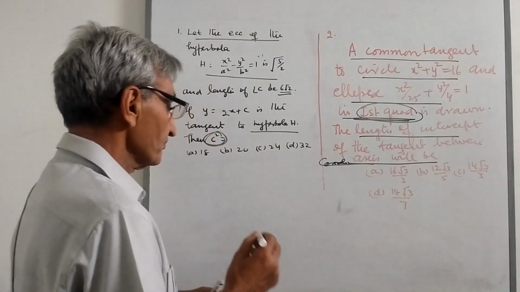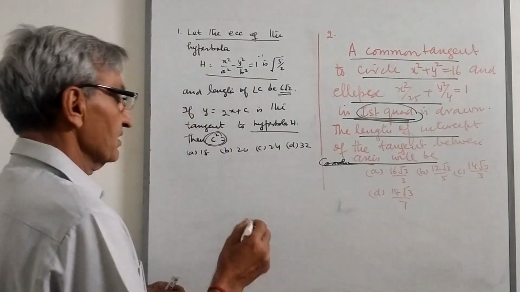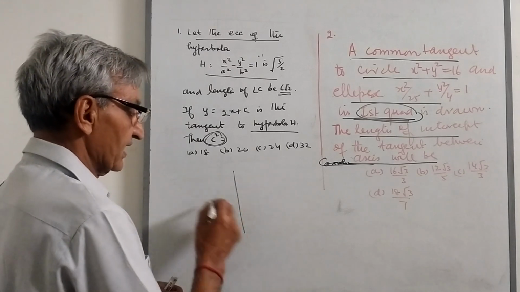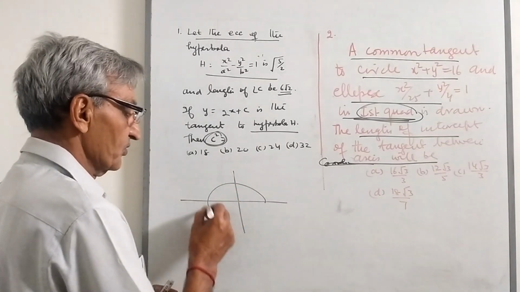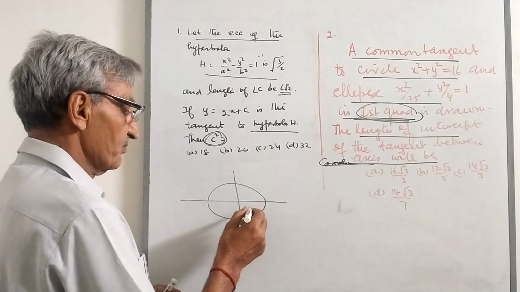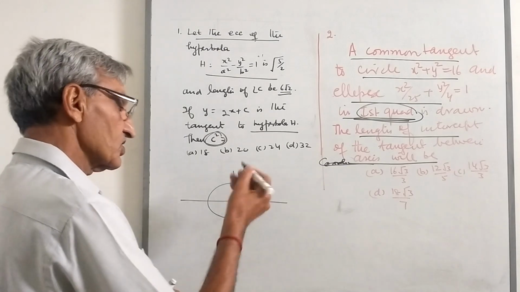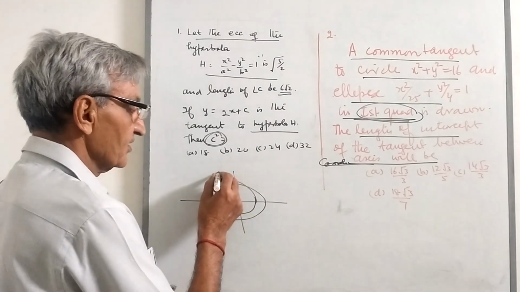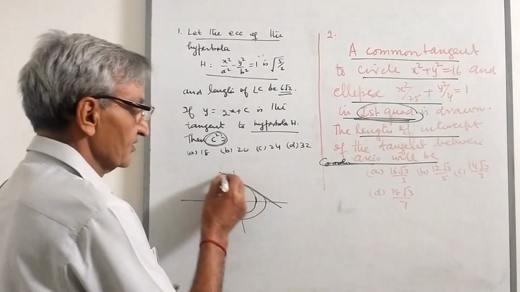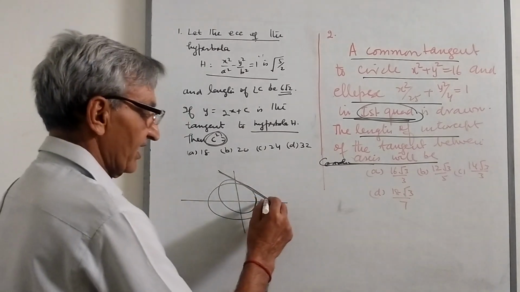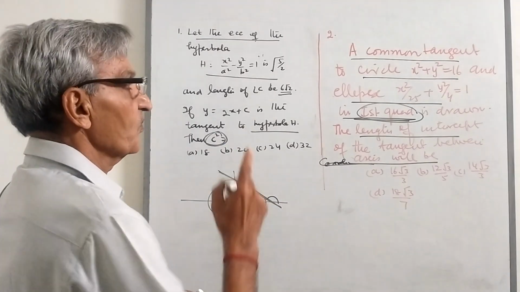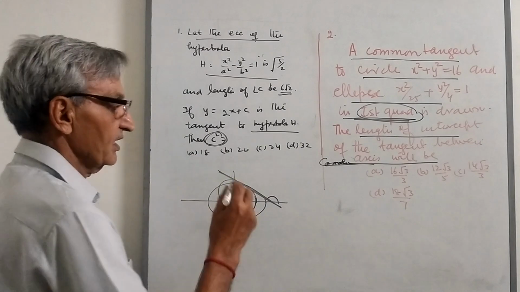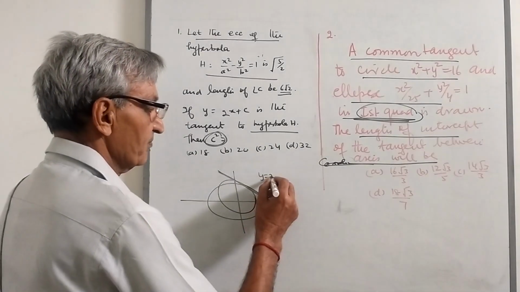Now here is a common tangent. Suppose I give you an example. Suppose this is an ellipse, and I am just drawing a circle over here. There is a common tangent drawn here. Now y is equal to mx plus c.